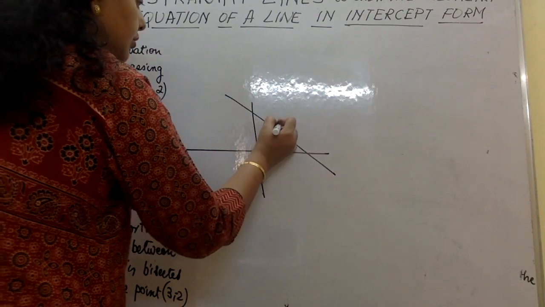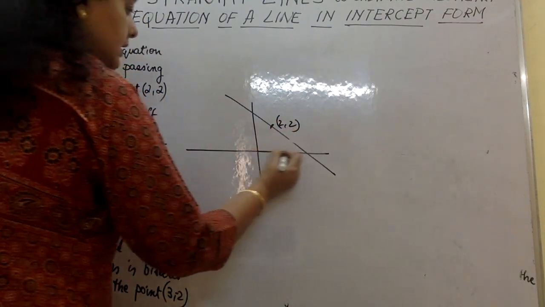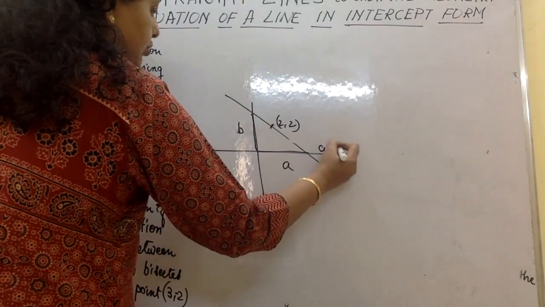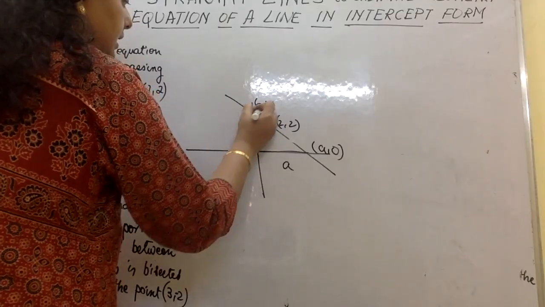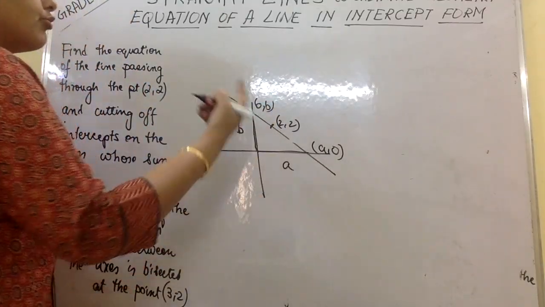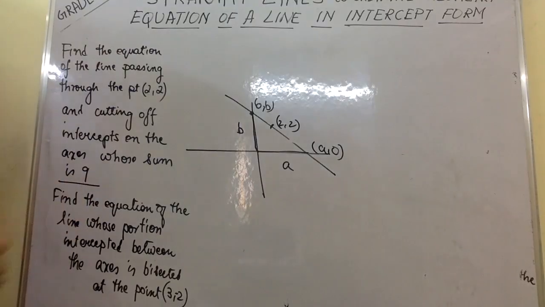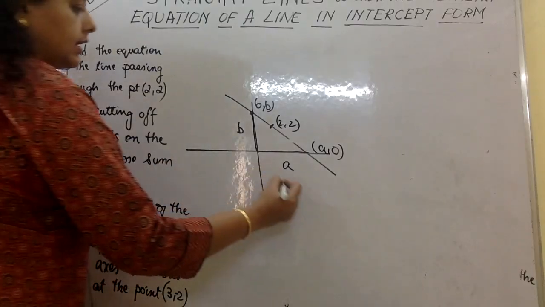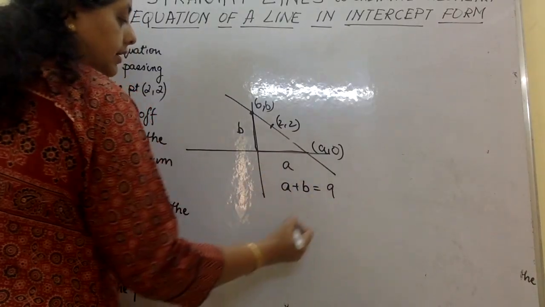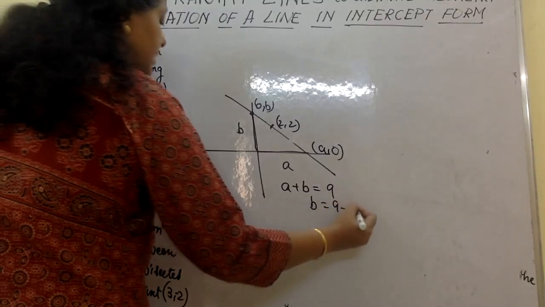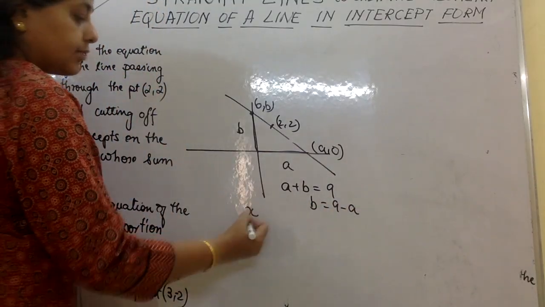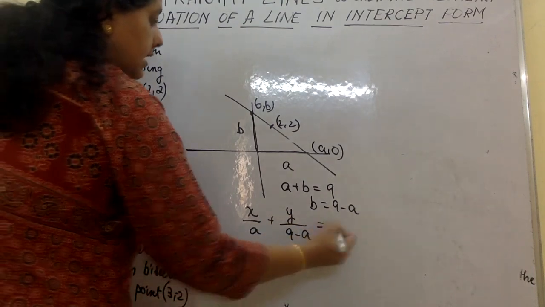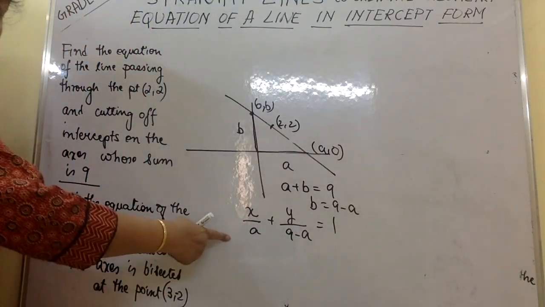Let's say this is a, 0 and this is 0, b. Then a plus b will come to 9. That is what they are saying. So if I take a plus b is equal to 9, then b is equal to 9 minus a. Now x by a plus y by 9 minus a is equal to 1 according to intercept form.